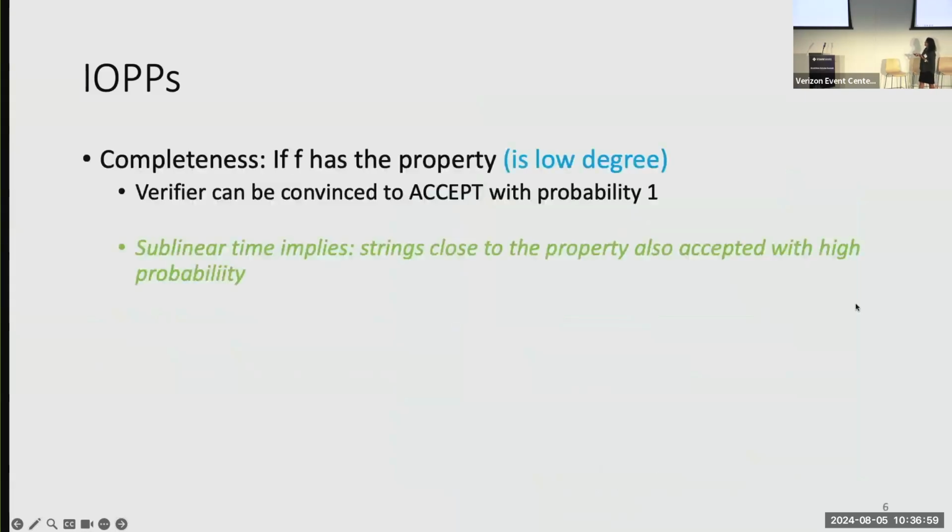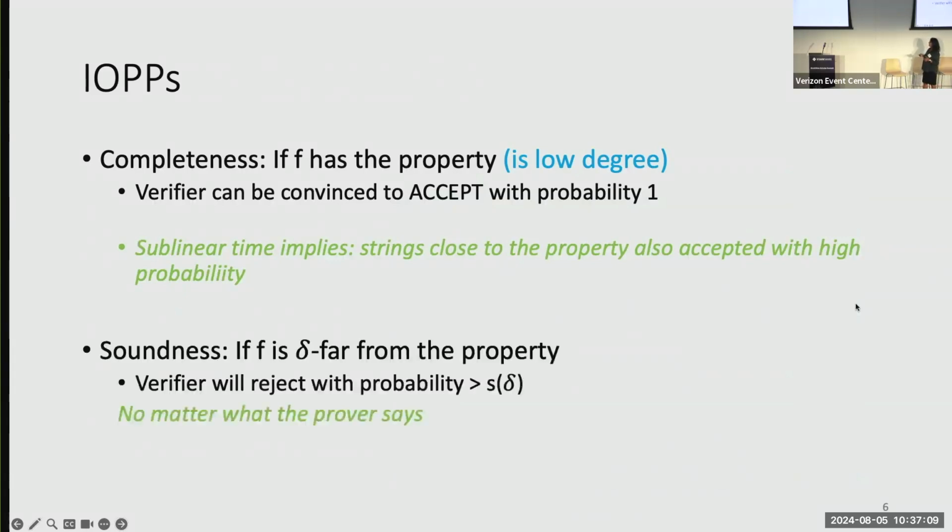And if f has the property, if f is truly low degree, we would like the verifier to be convinced and to accept with probability 1. And if the string is far from being low degree, we would like the verifier to reject with high probability, as high as possible. This is the soundness of the protocol. And this is one quantity we're going to be particularly interested in this talk.